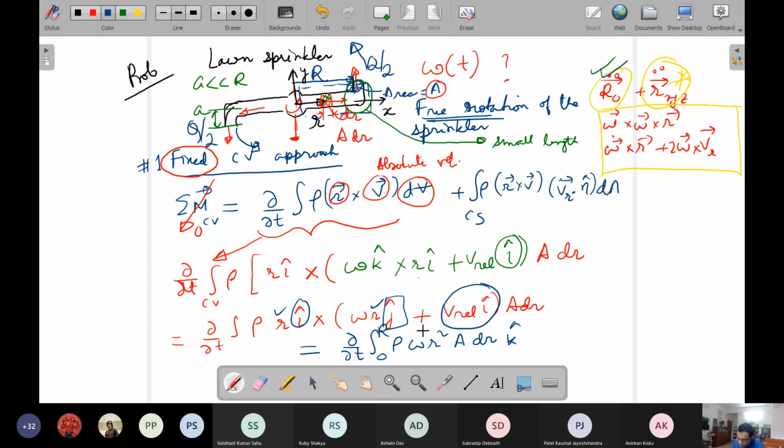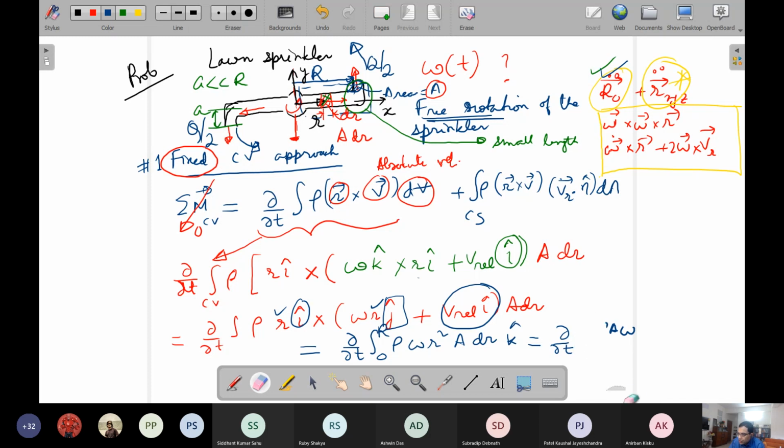So if you integrate this, let us write the final expression of the integral, and then we will erase this. So this will be the integral of rho A omega r square dr. So that is just capital R cube by 3.